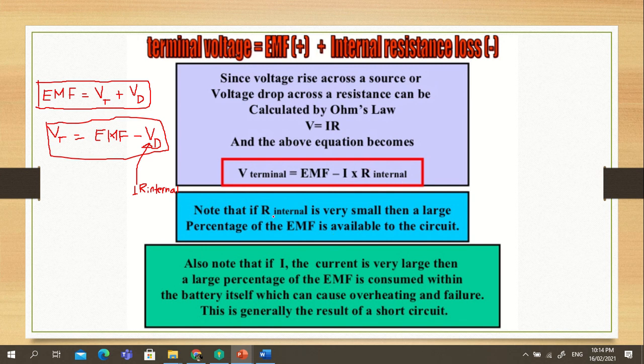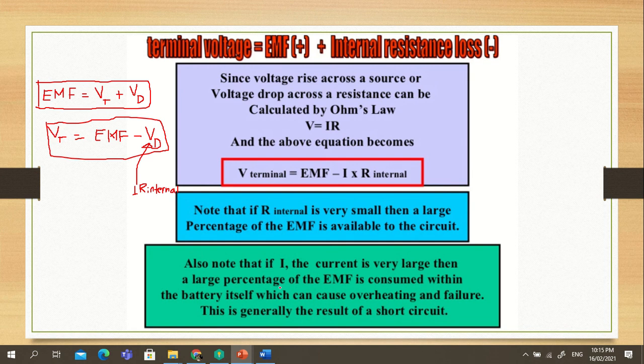Note that if R internal is very small, then a large percentage of EMF is available to the circuit. So if the material used in the electromotive force has less resistance, then almost 100% of the electromotive force will be supplied to the circuit.